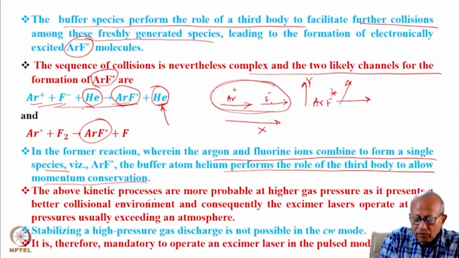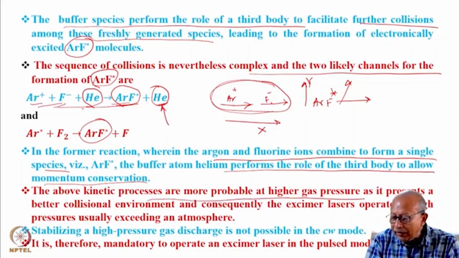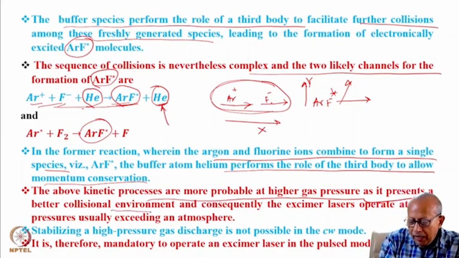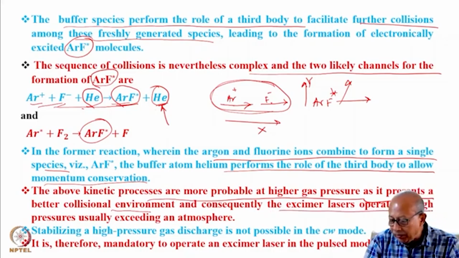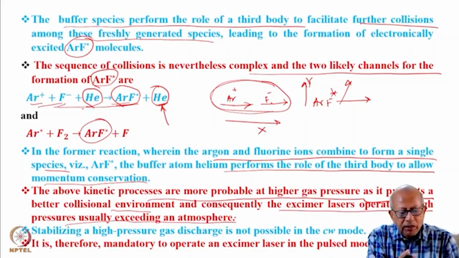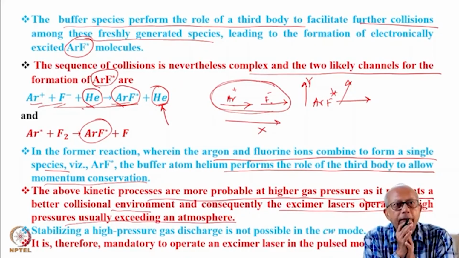The above kinetic processes are more probable at higher gas pressures, as it presents a better collisional environment, and consequently the excimer lasers operate at high pressures, usually exceeding an atmosphere. Only at high pressure will such collisions be more probable.